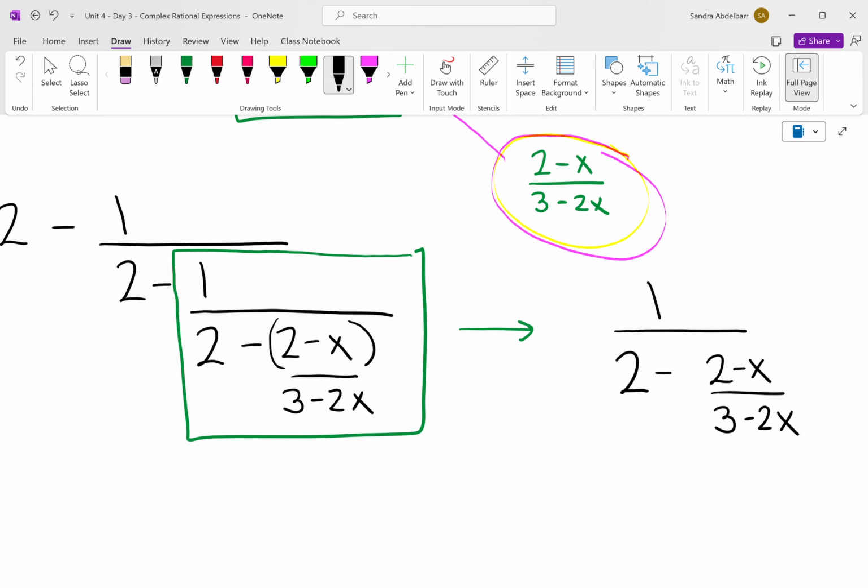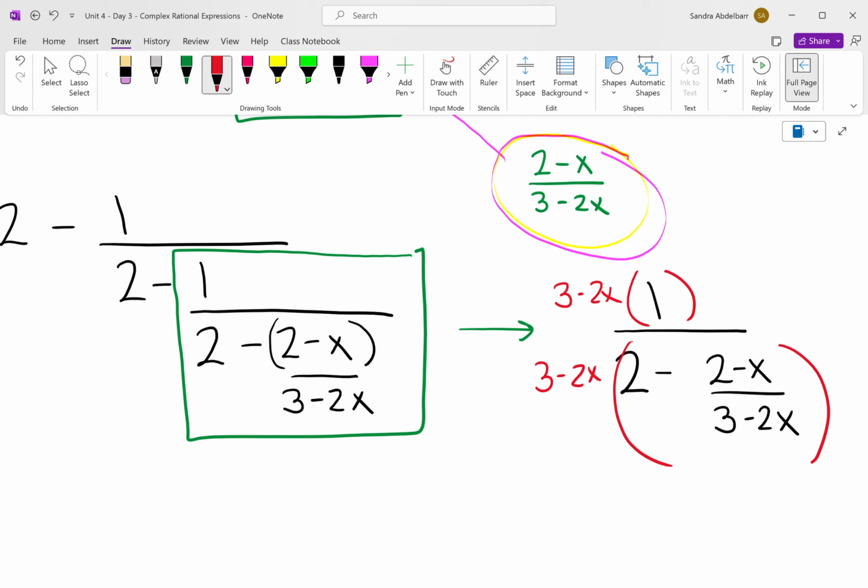Well, we could just leave it out. 2 minus x over 3 minus 2x. It's fine. We could leave it just like that. This time, what am I going to multiply bottom of fraction bar and above fraction bar by? What should I multiply this time? 3 minus 2x, you got it.